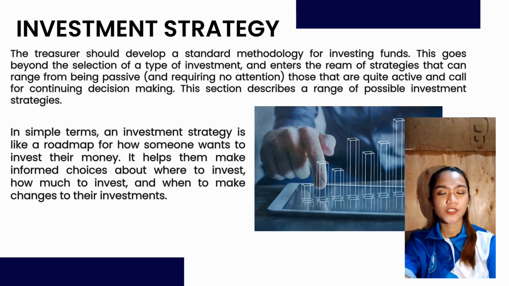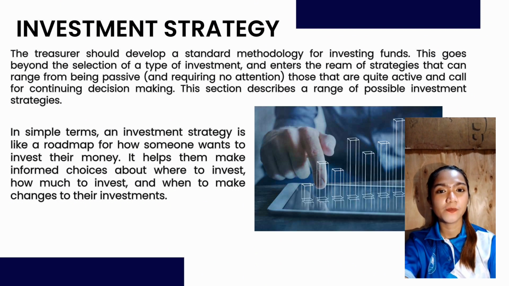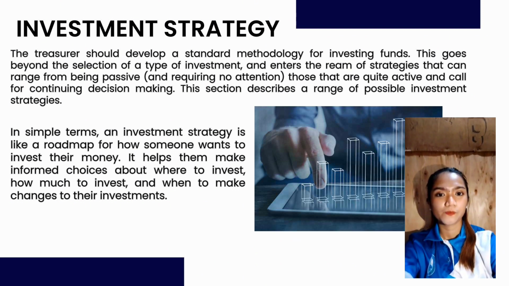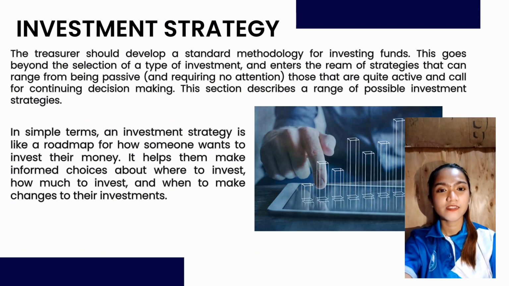A laddering strategy involves creating a set of investments that have a series of consecutive maturity dates. For example, ABC Company's cash forecast indicates that $150,000 of excess cash will be available for the foreseeable future, and its investment policy forbids any investments having a duration of greater than 3 months.